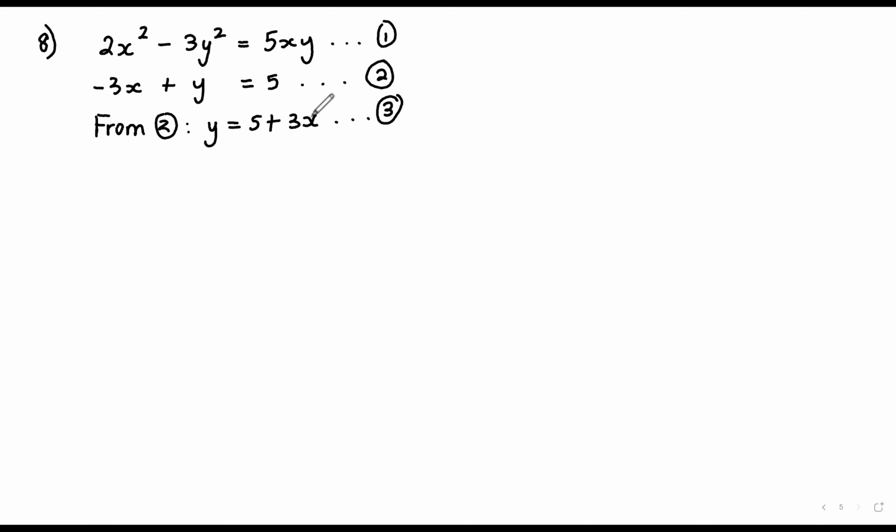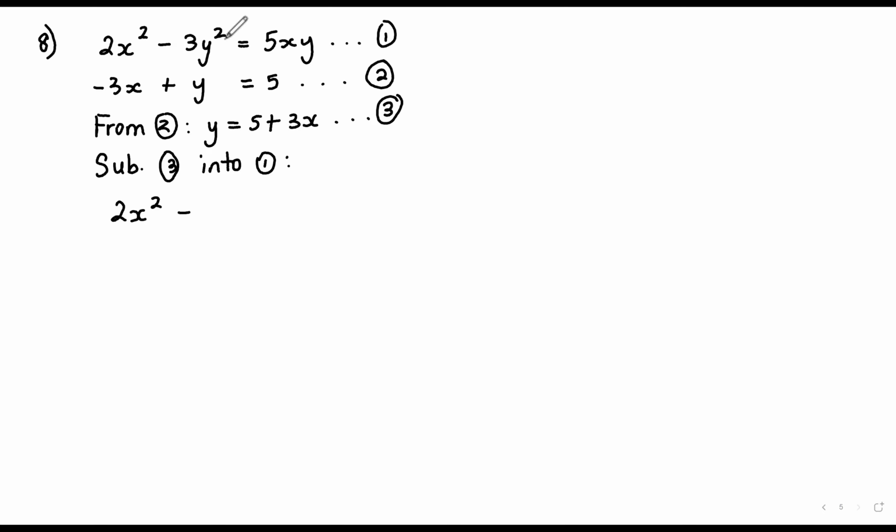So now I know what y is equal to, and I am now going to substitute that. So substitute 3, that is y is equal to 5 plus 3x, into equation 1. So wherever I have y in equation 1, I am replacing it with 5 plus 3x. So this will end up being 2x squared, well, minus 3y squared.